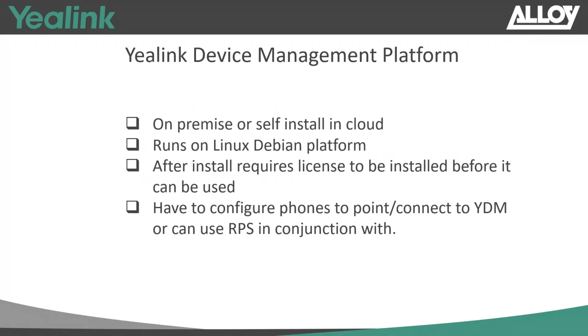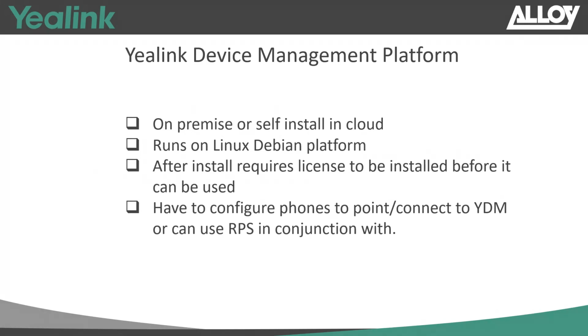Now, unlike the cloud service, which I'll go into in a bit more detail in a second, when you are using the on-prem service, because it does have your own unique URL that you're using for the device management platform, the actual phones, or devices I should say, won't connect to your device management platform by default.